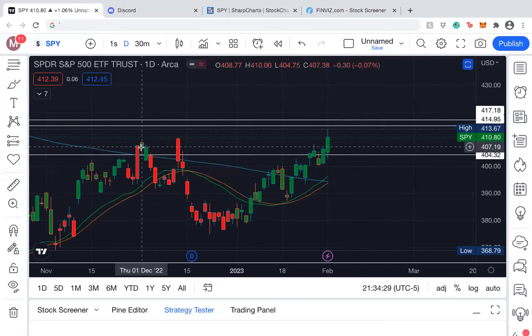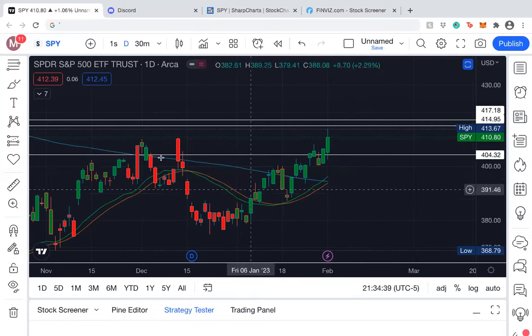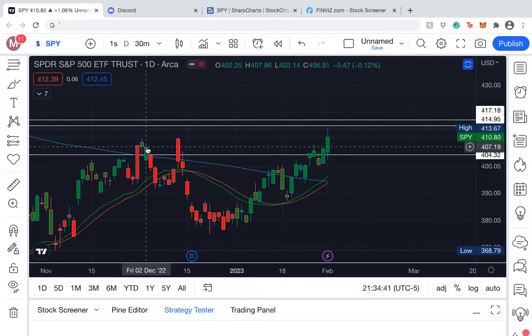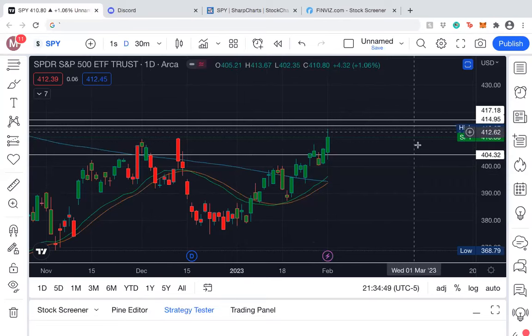If it breaks right here, if it breaks 406.99, that doesn't mean that it's bullish or that it's bearish. It doesn't matter because it's still in this ATR channel. Just as easily as it could break 407, 406, it could still run right back up to 414, or 417, sorry.